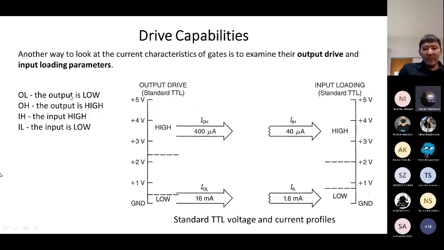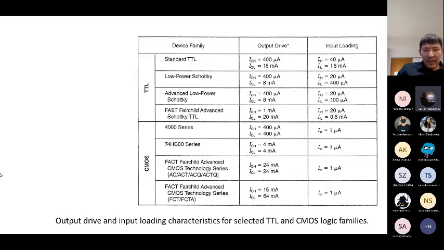Here you can see what IOH, IOL mean: OL is that the output is low, OH is that the output is high, IH the input is high, and IL the input is low. Maybe now it's not clear, but we'll consider an example after this. It is a summary table. You do not need to memorize this table, but when we do tests, you can refer to it and find the needed information.